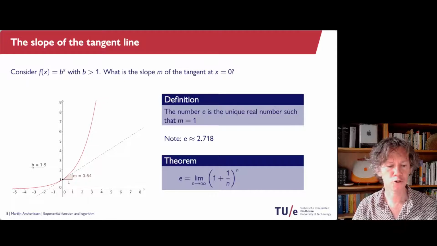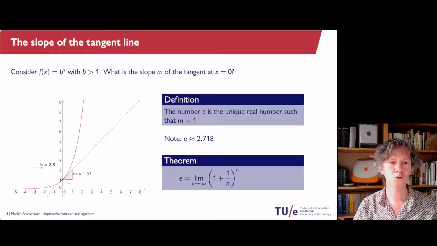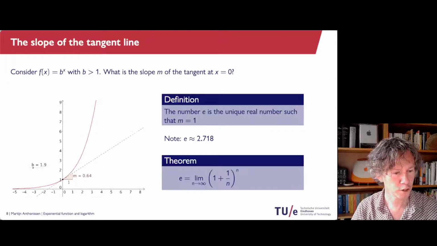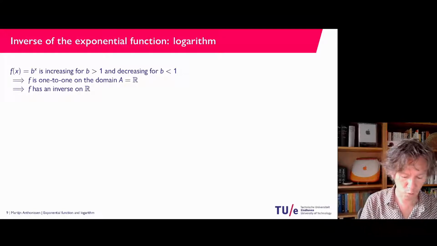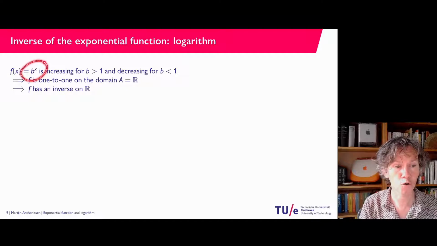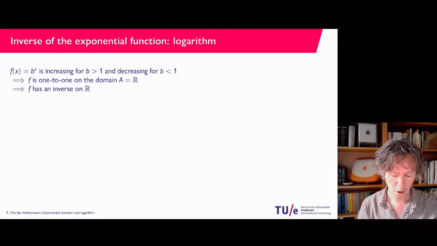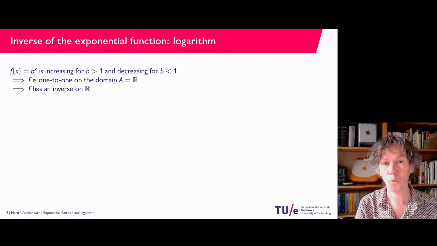Now, another interesting thing that combines some of the stuff that we have been studying before is this exponential function. What we have seen is that in general, b to the power x, for b equals e, the Euler number, but basically for any b that's bigger than 1, but also for b less than 1, the function is either increasing or decreasing, which means that it is 1 to 1.